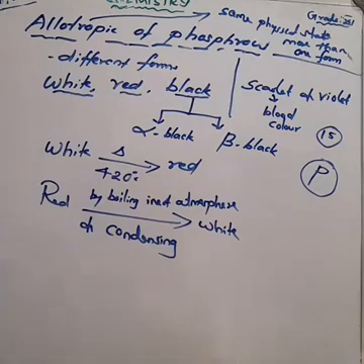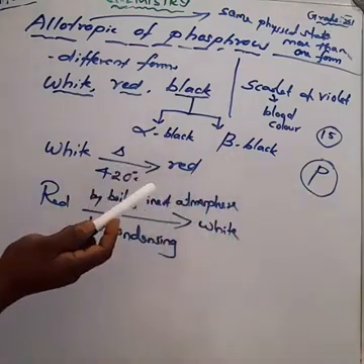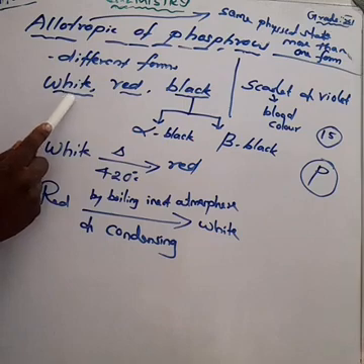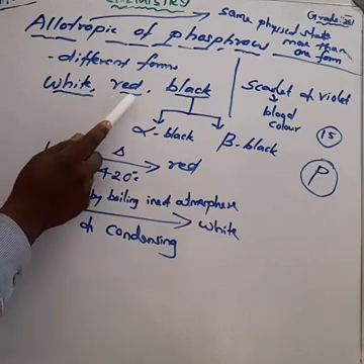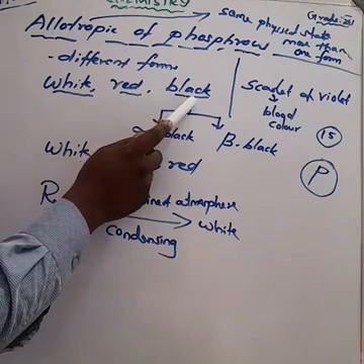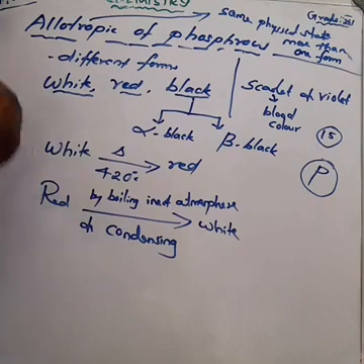Here, phosphorus has several allotropic forms. For example, number one is white phosphorus. Number 2, red phosphorus. Number 3, black phosphorus. These are some of the most common forms of phosphorus.